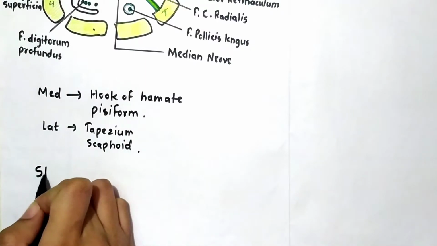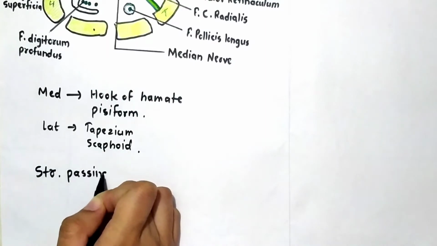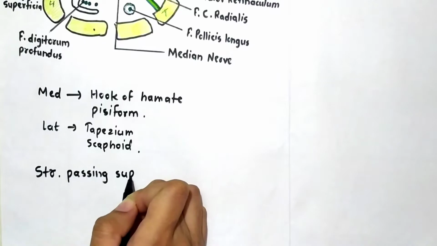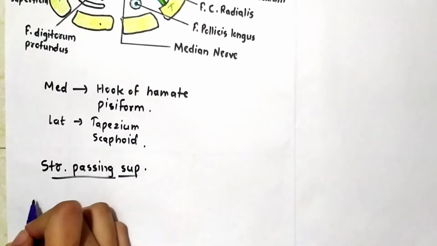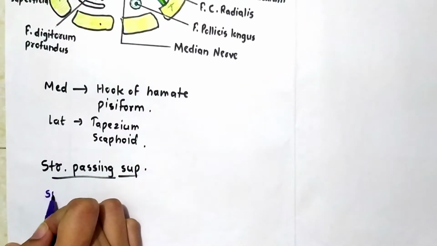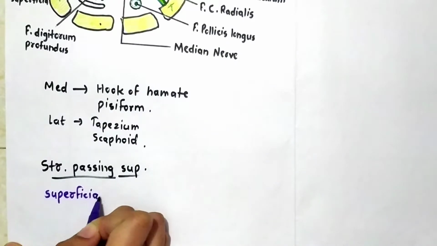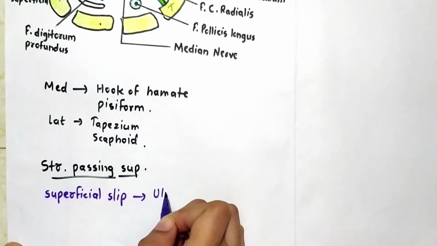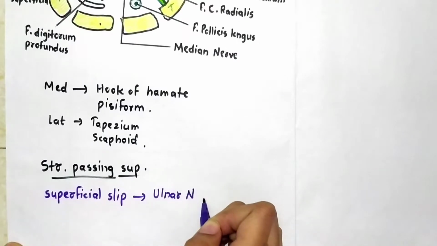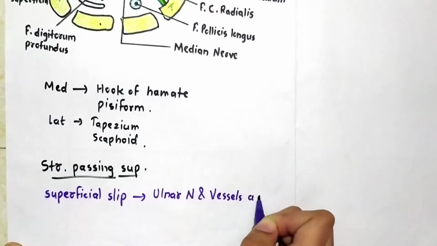The structures passing superficial: in the superficial slip the ulnar nerve and vessels are passing.